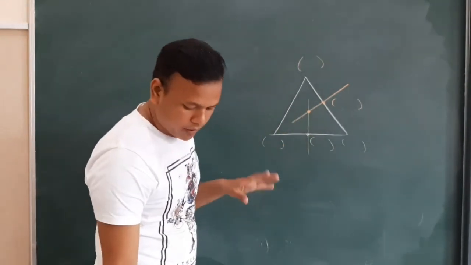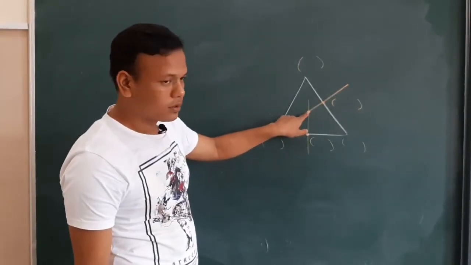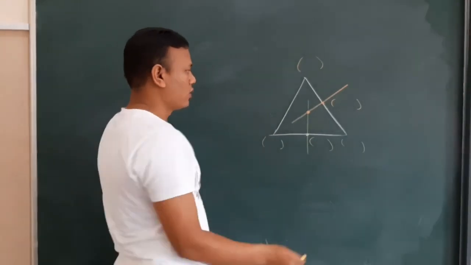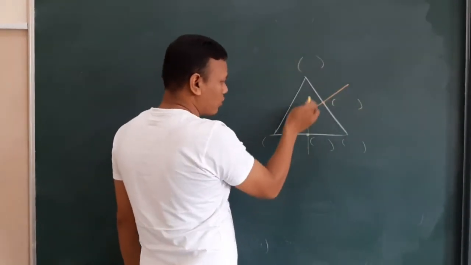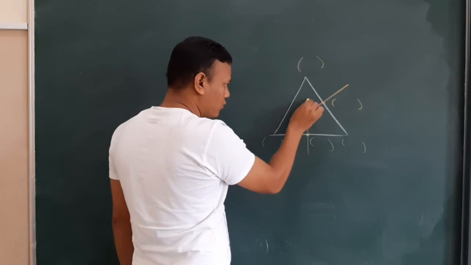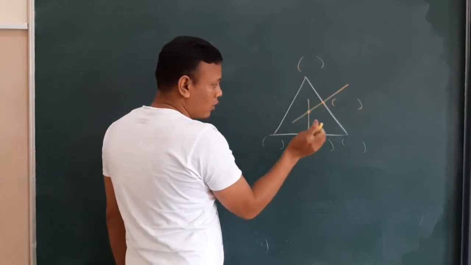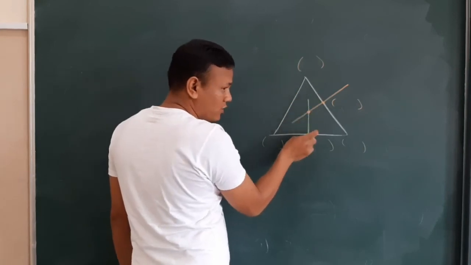Now to find the circumcenter, we need to know the equation of this line and the equation of this line. Let us take this one. To find the equation of this line, we should know through which point it passes.